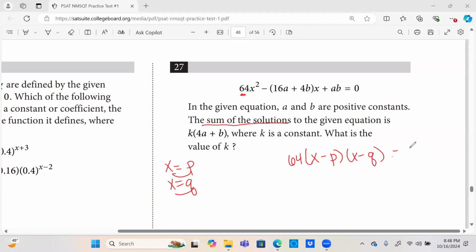And then this still equals 0. I think they do go ahead and FOIL that. So that's x squared minus xq minus xp plus pq, and then you still have the 64.